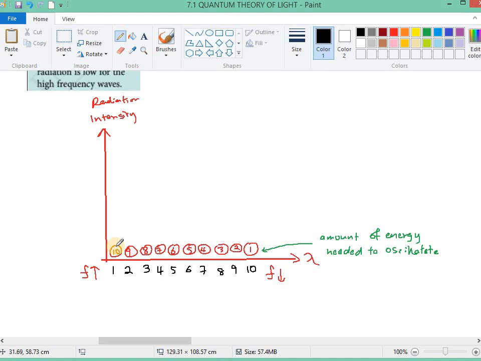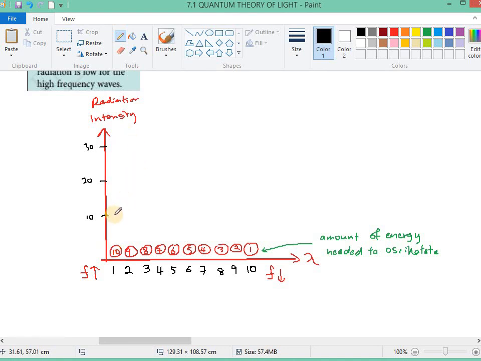So the radiation intensity is 10. Let's say it's like this, 10, 20, 30. That means this particle has very high frequency. Radiation that is very high frequency, there is only one particle that can emit 10 joule at very high frequency.